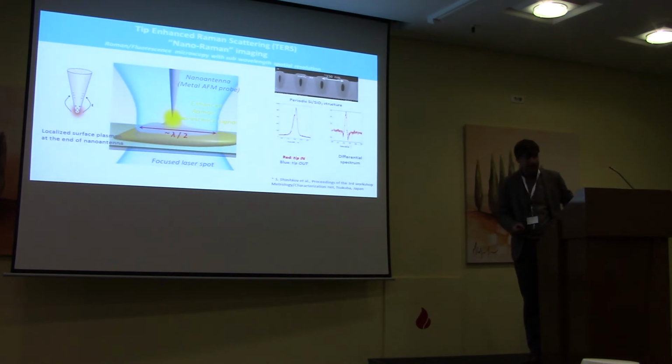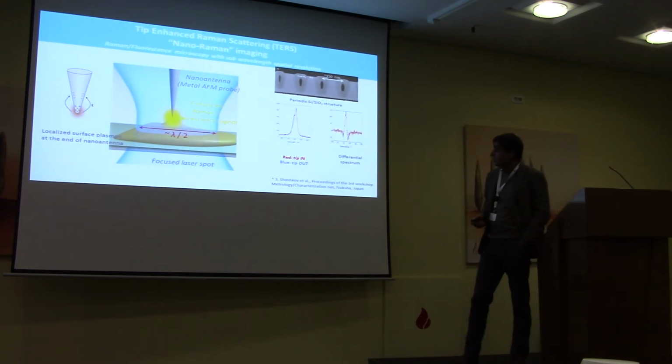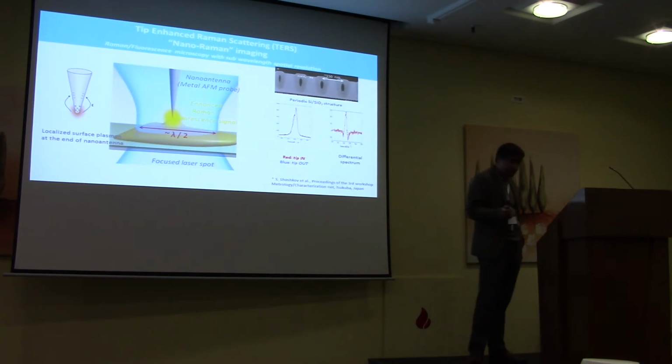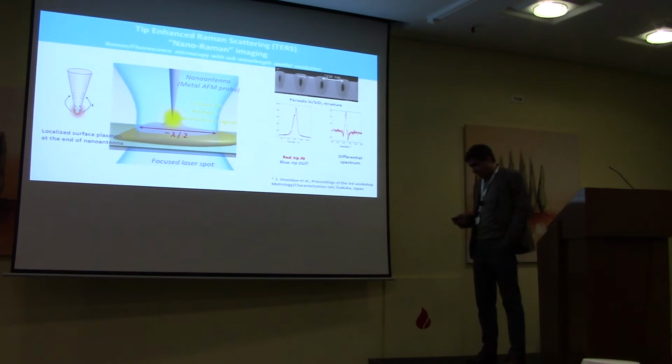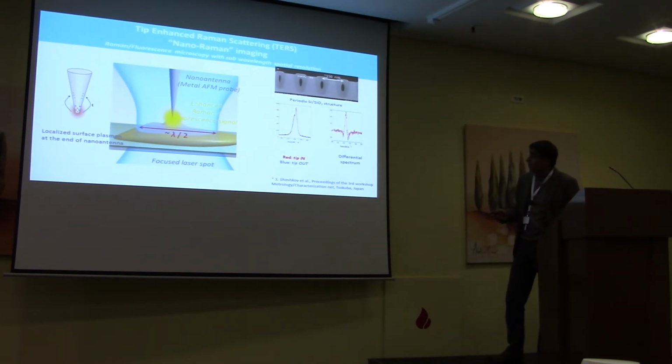And then we have tip enhanced Raman as well, where the AFM tip is functionalized with metal coatings, and basically it acts as a local surface plasmon. If we shine light at the end of the tip, then under the tip there is a local increase in the electromagnetic signal, and that gives us enhancement of the local Raman signal.